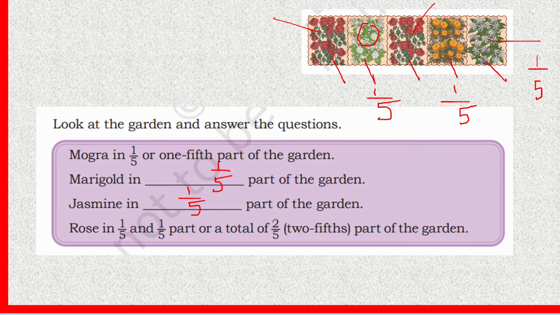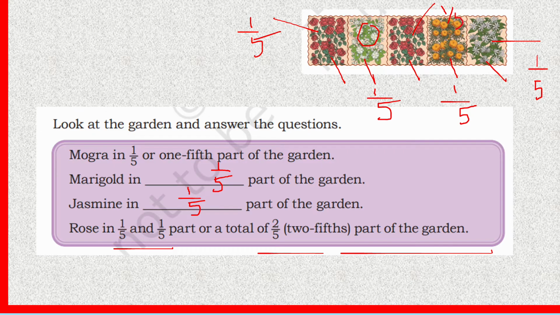2 by 5 part of the garden. Total 5 parts are there. Out of these 5 parts, 2 parts contain roses. So rose is in 1 by 5 and 1 by 5 part of the garden, or total 2/5 part of the garden. See, here we have 1 by 5, and here also we have 1 by 5.